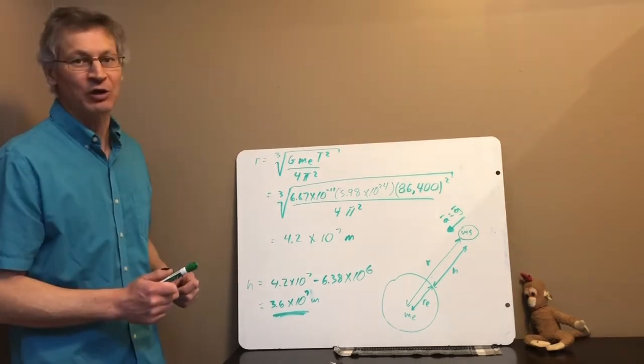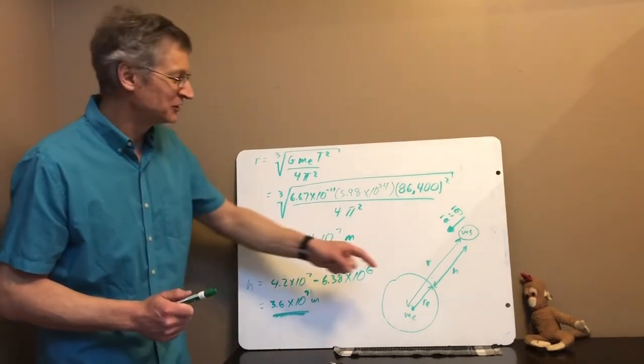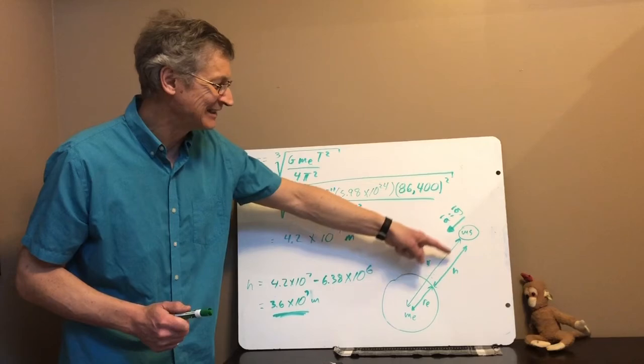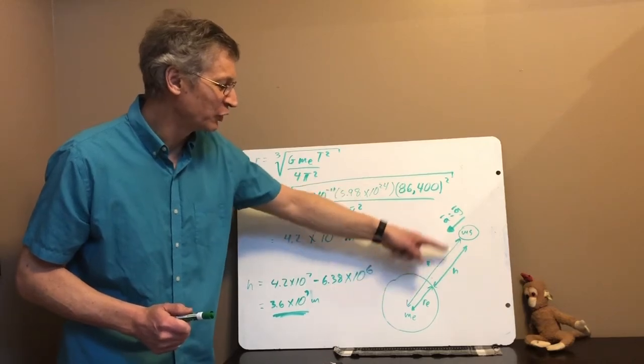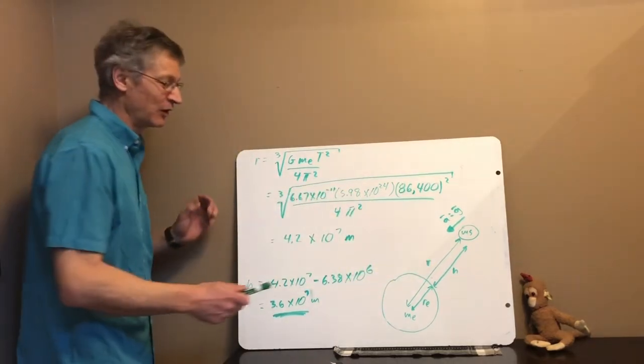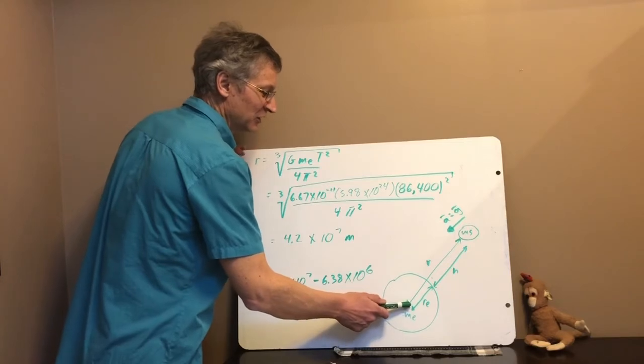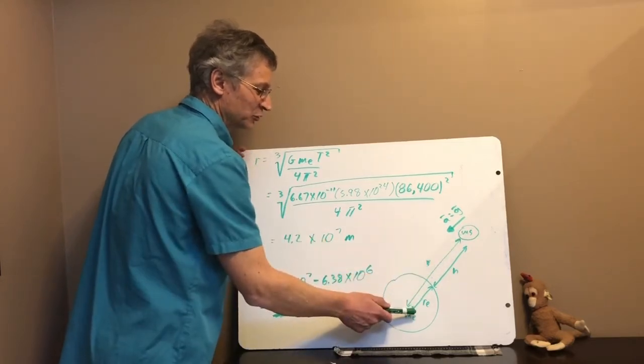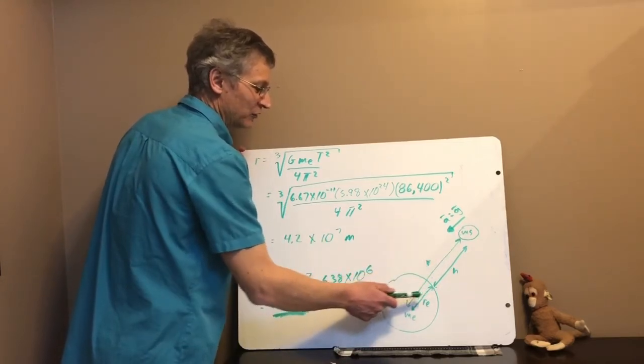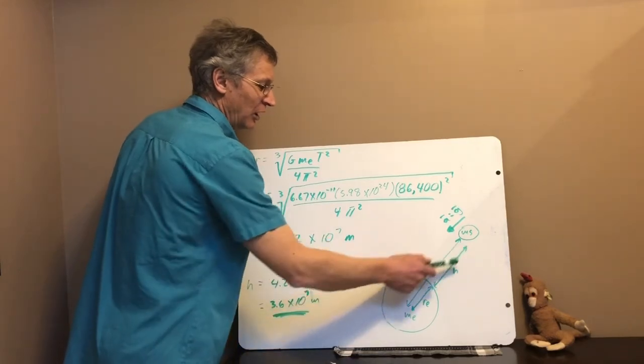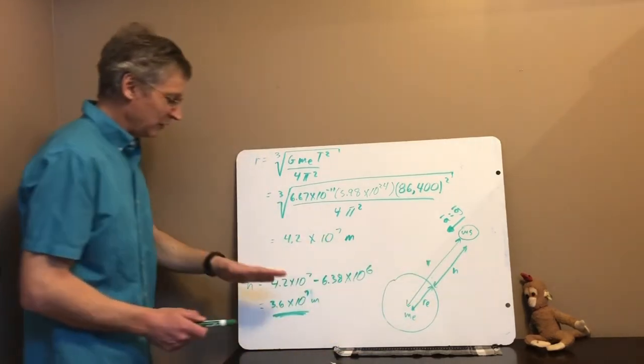Of course, what the question is interested in is the satellite's altitude. What is its height above the surface of the Earth? That's easy enough. You just take the center to center separation, subtract away the radius of the Earth, and there's your height left over. Did that right here.